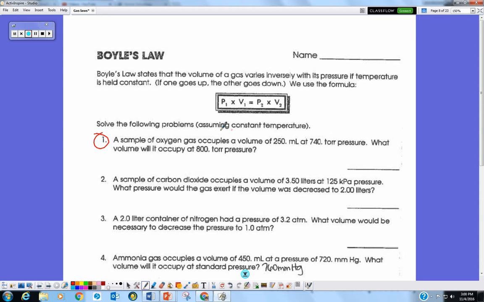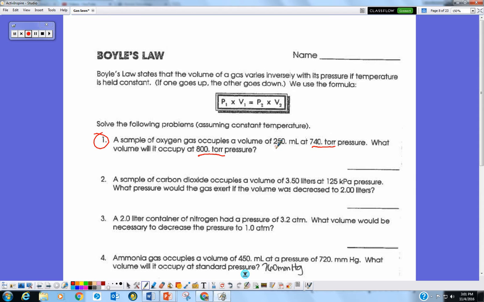So since we are only dealing with pressure and volume, and since both of our pressures are represented in the same units, we don't need to do any kind of conversion here or anything like that. I do personally prefer atmosphere. It's just a cleaner number, but we can leave it in torr for this.